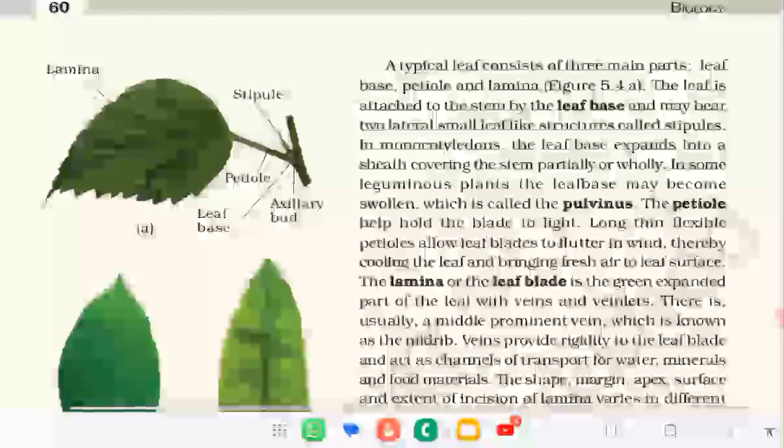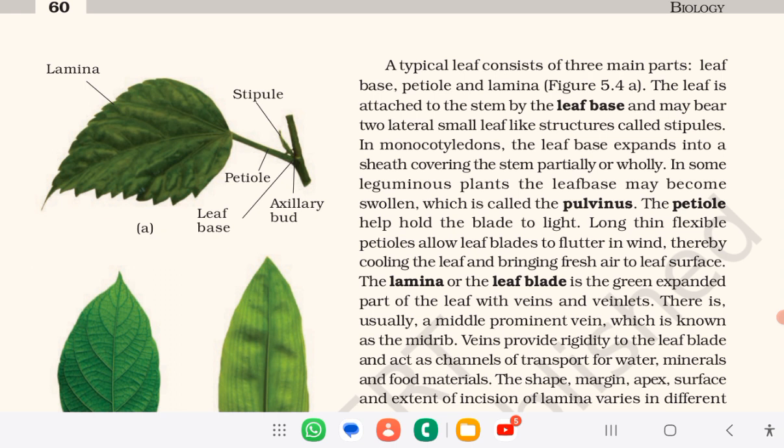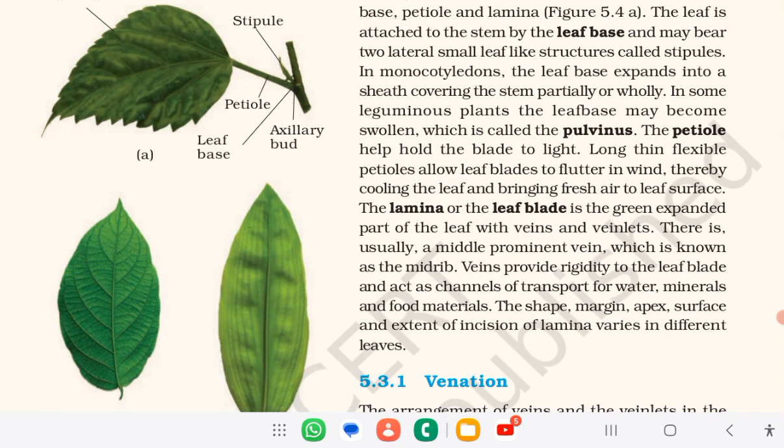There is usually a middle prominent vein, which is known as the midrib. Veins provide rigidity to the leaf blade and act as channels of transport for water, minerals, and food materials. The shape, margin, apex, surface, and extent of incision of the lamina vary in different leaves.